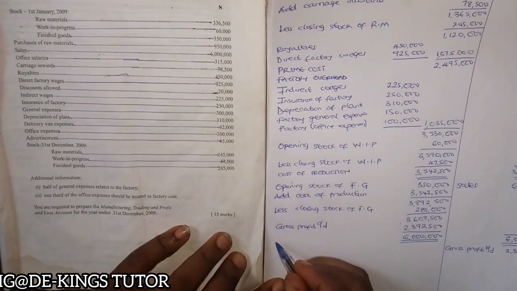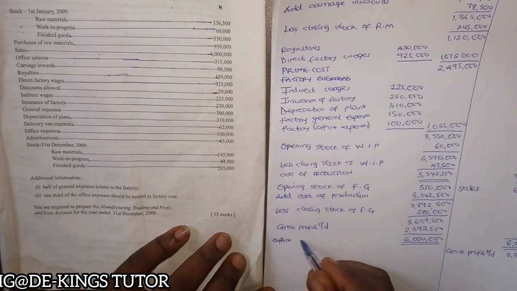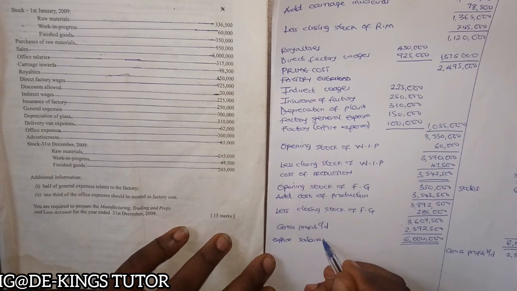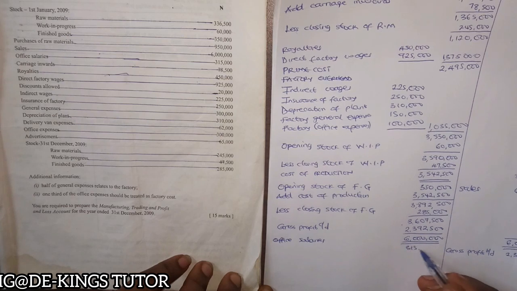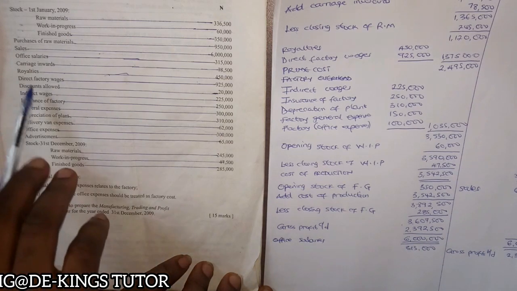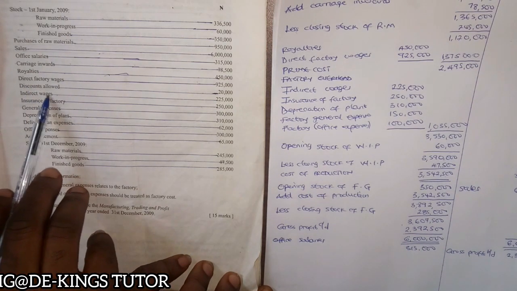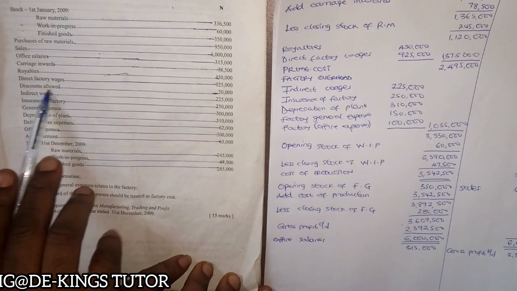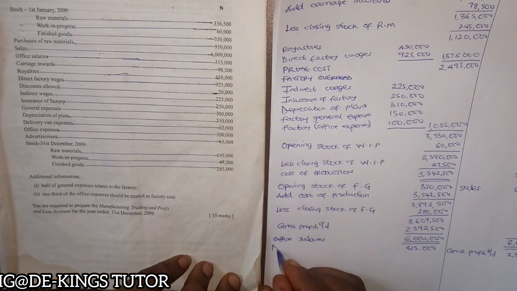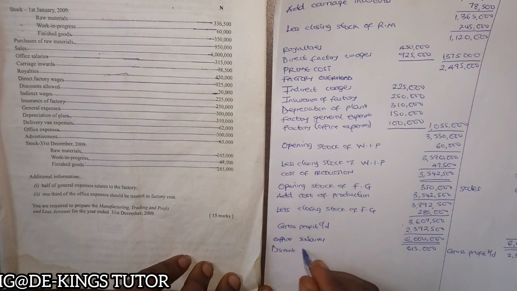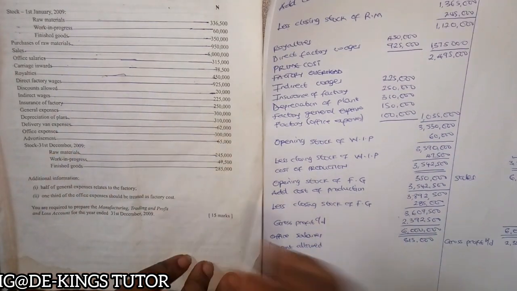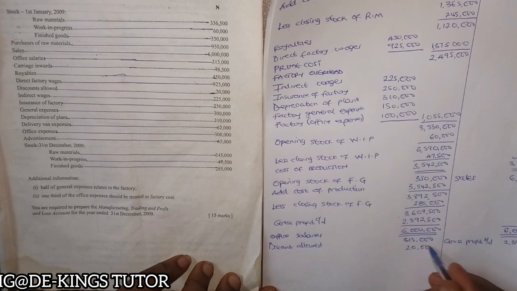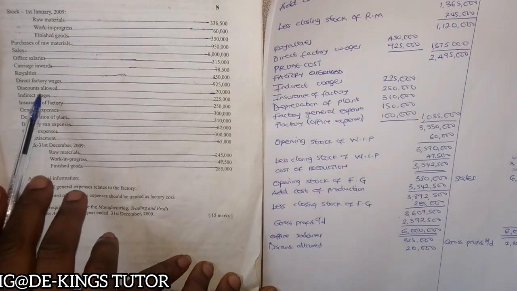The first one is office salaries, 315,000. Then another one is discount allowed. Discount allowed is 20,000.